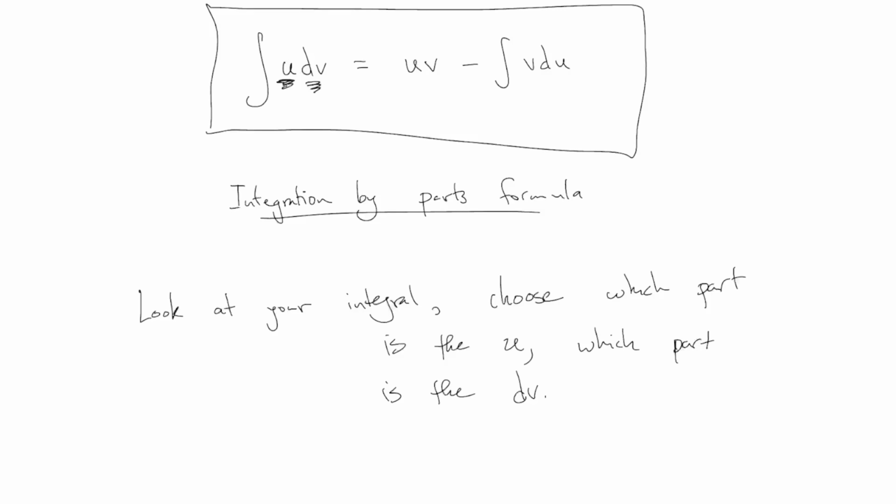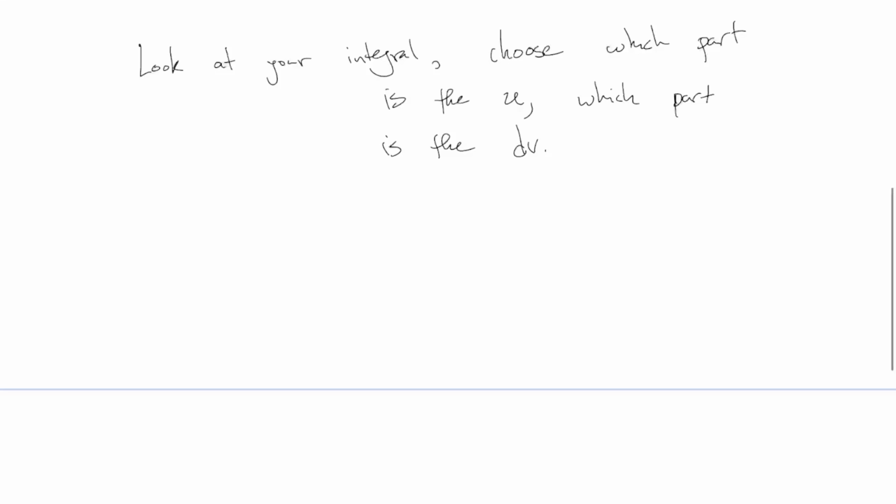Let's just try everybody's favorite first example of integration by parts, which is x times e to the x. This is a classic integration by parts integral. When you see that multiplication in there, x times e to the x, it means you're going to have to do something sophisticated.